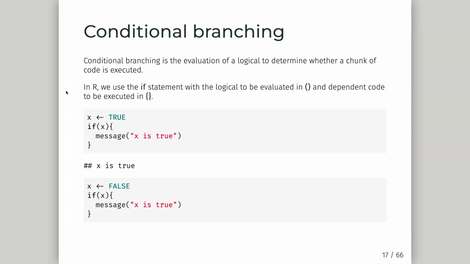So let's have a little look at this in a very simple example. I'm going to explicitly set x to be TRUE, right? So that makes x a logical vector of length 1 containing one value which is TRUE, our Boolean. So we're going to have our if clause here, and then like I say, we're going to put the thing which will be evaluated into a logical inside these round brackets, parentheses.